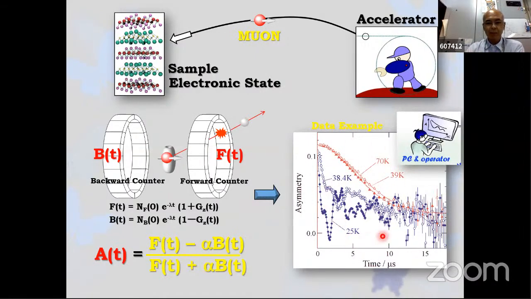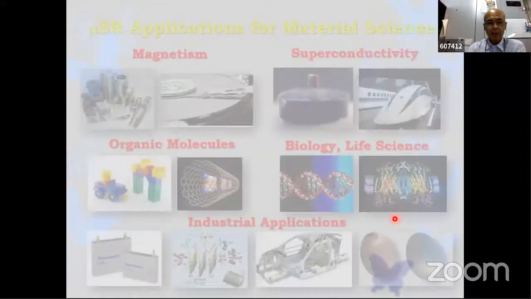This is the basic information to discuss the electronic state of materials. Then how do we analyze this time spectrum? Of course, we can use an analysis function to fit it. But how deeply we can discuss the electronic state from this result is a completely different point.